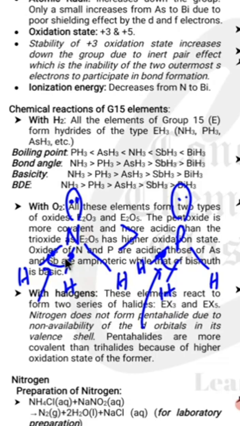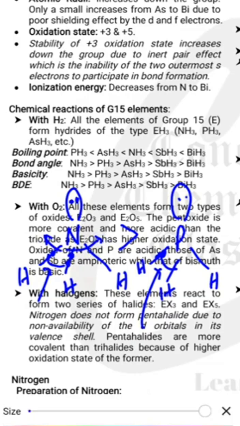Since these two shared pairs of electrons are closer to each other, the repulsion between them is large. Since the repulsion between them is large, bond angle becomes higher. So bond angle decreases from ammonia to BiH3 due to decrease in electronegativity from nitrogen to phosphorus to arsenic to antimony to bismuth.